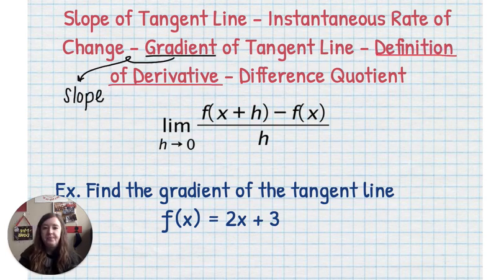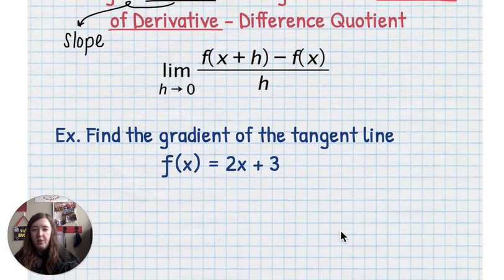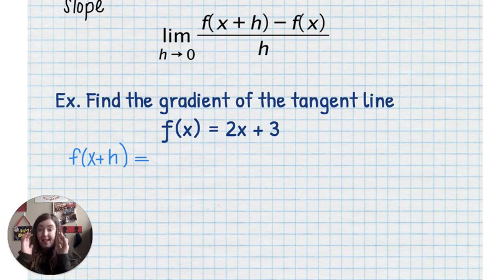Good deal. So if we want to find the gradient of the tangent line here, we want to use our difference quotient. So first of all, let's talk about f of x plus h. Let's find him first. So what we'll do is we'll just go ahead and plug in x plus h in for x.